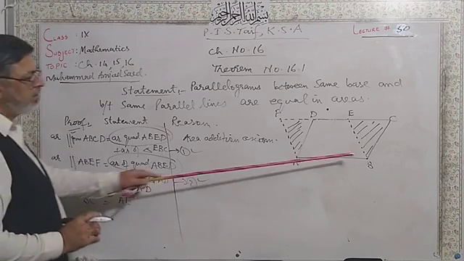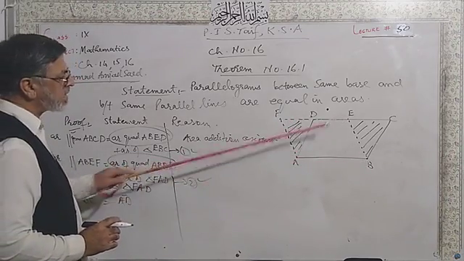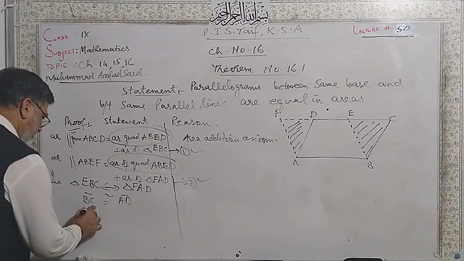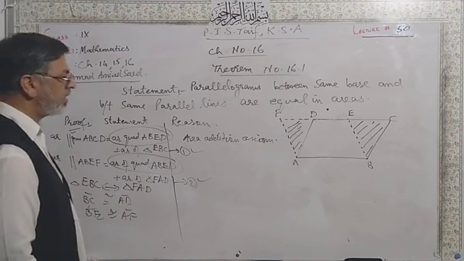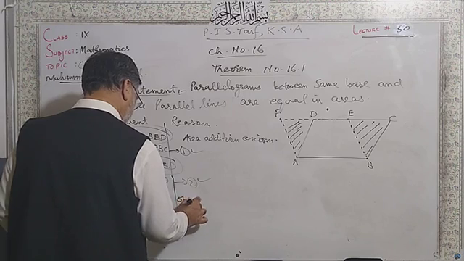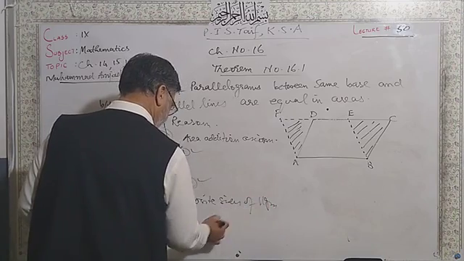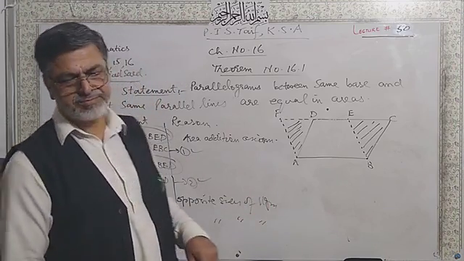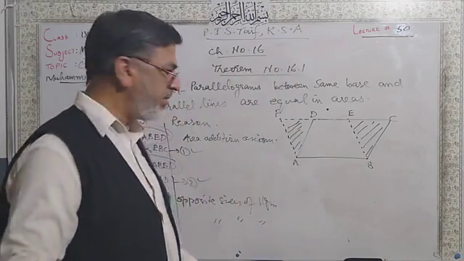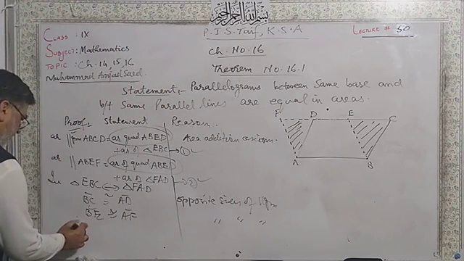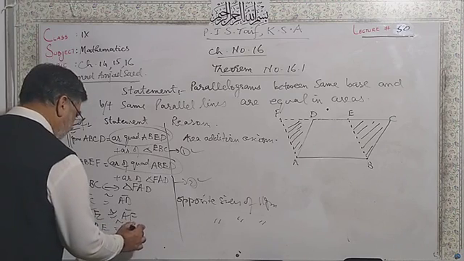Similarly, BE is congruent to AF, again opposite sides of a parallelogram. After that, we have angle CBE congruent to angle FAD.